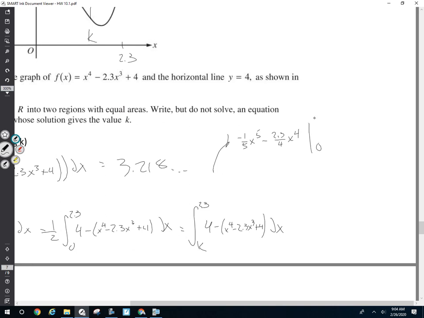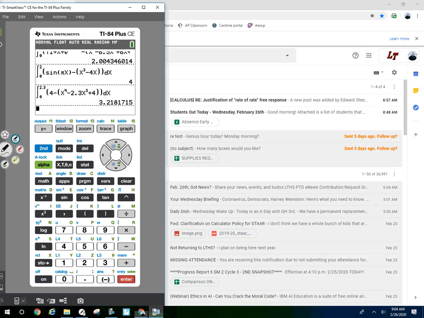From 0 to k will equal 1/2 the 3.218 value. Plugging in k and plugging in 0, I just get this minus 0 equals 1/2 of that. Let's solve.